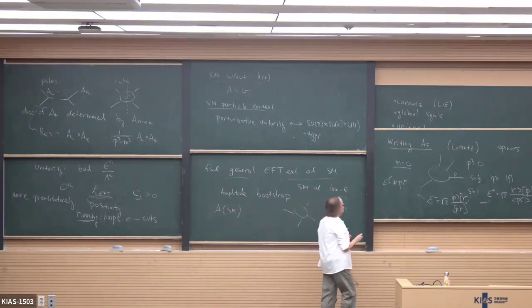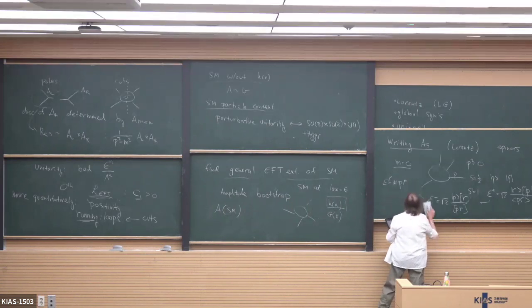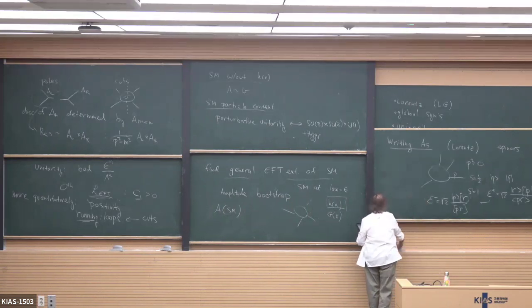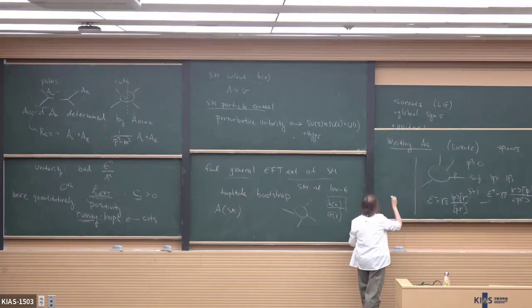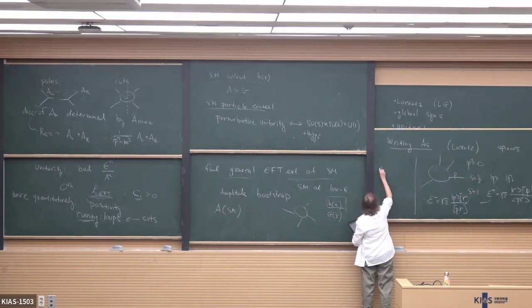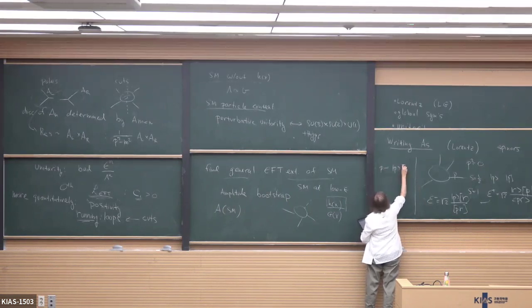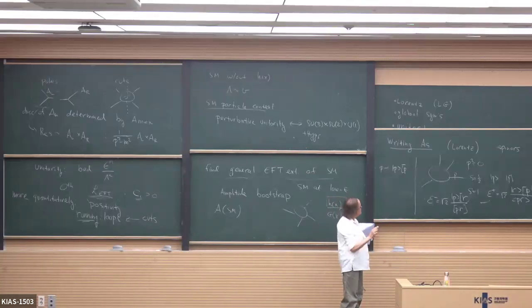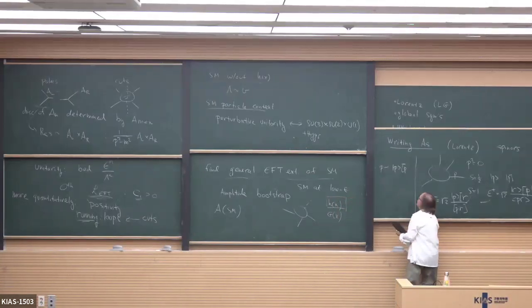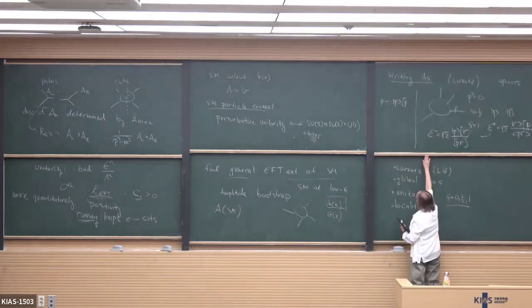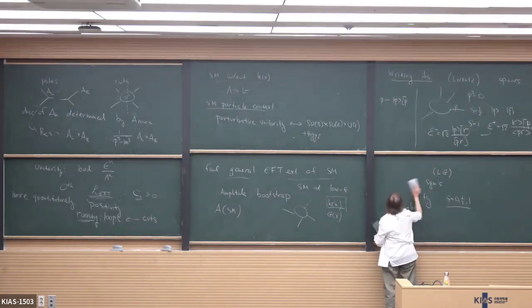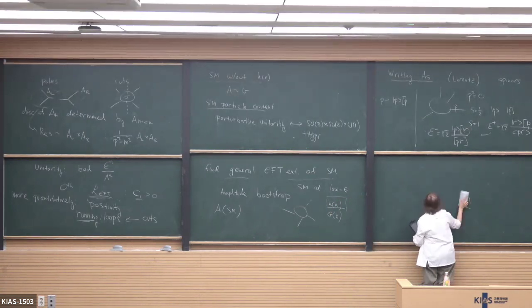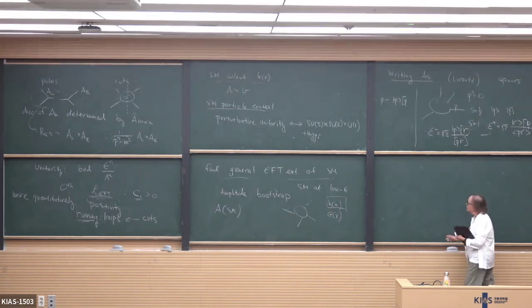Okay. The other thing that we should know here is that we can write this light-like momentum in terms of spinors. So I can write p as an angle spinor times a square spinor. And that's all very nice because now at the end of the day, the amplitude is given completely in terms of these spinors and spinor contractions.